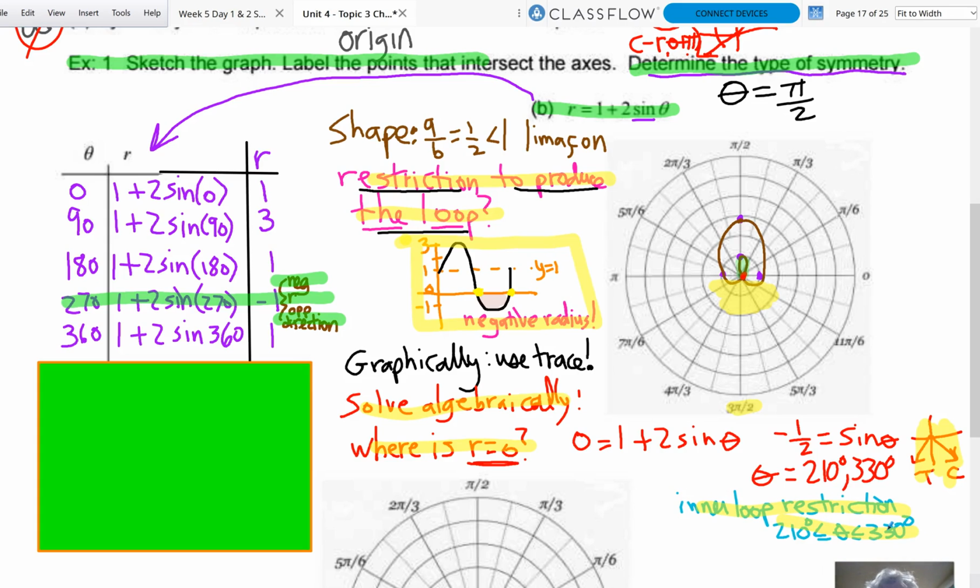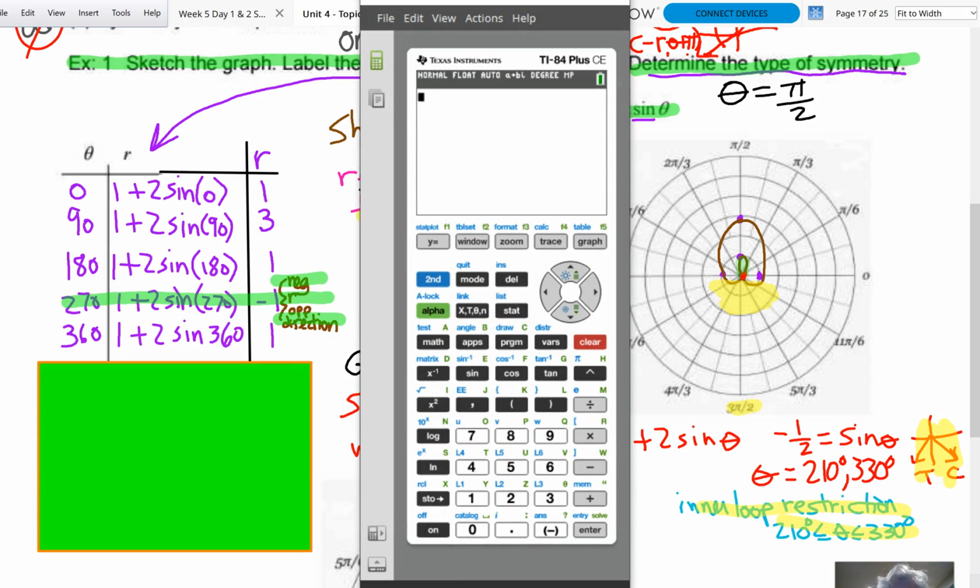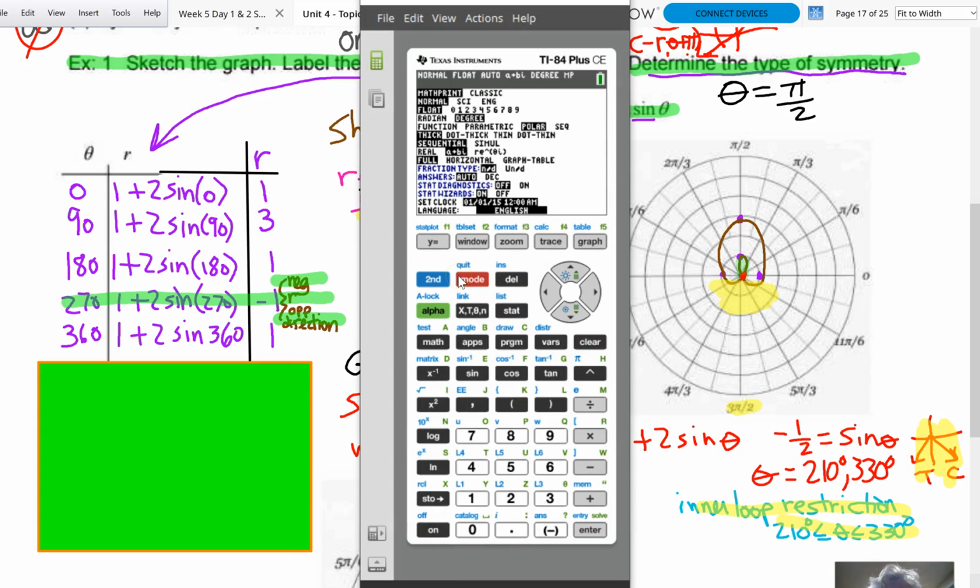But now I'm going to show you how to do it in your calculator. Step 1, change your mode to polar and make sure it's also in degrees. So go down, change it from radian to degrees if it isn't already, and then your calculator is almost always on function. Put it on polar, not function, not parametric, polar.